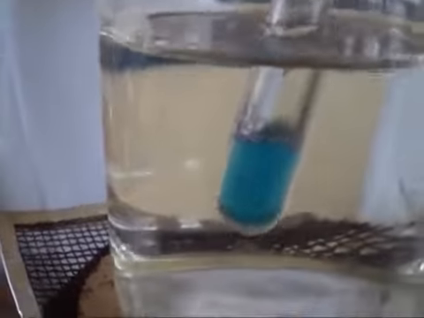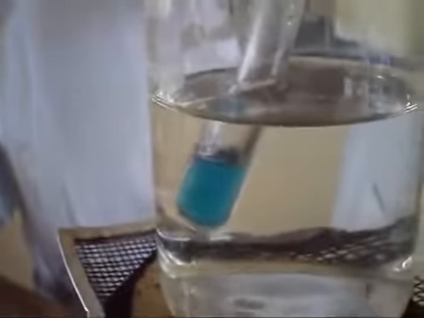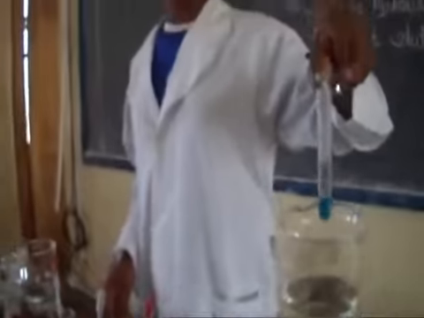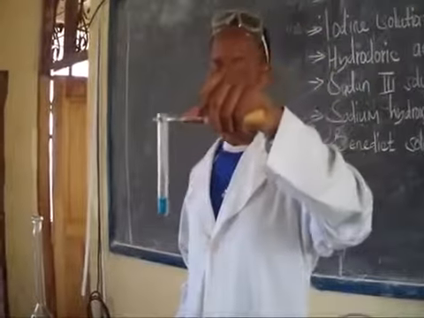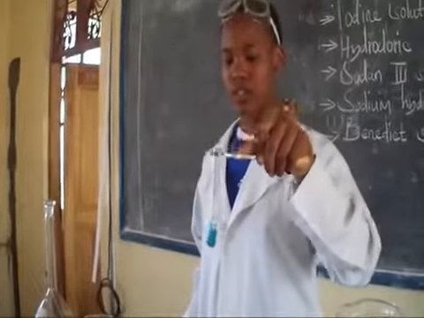As we can see, our food sample started to boil, but there is no color change. The food sample retained the color of Benedict solution, which shows that the food sample does not contain reducing sugar.